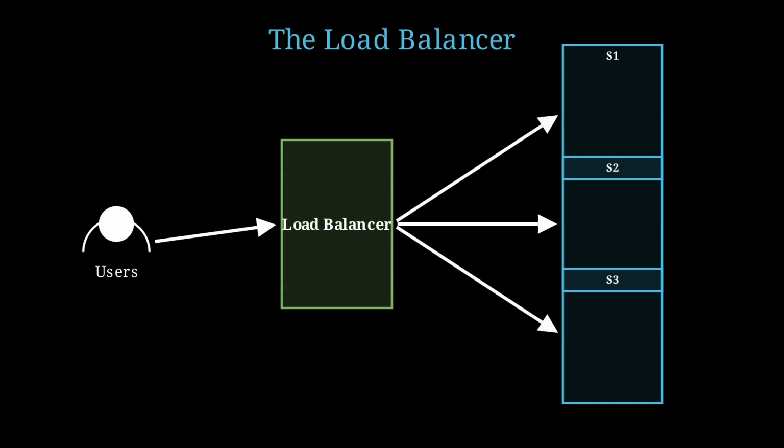Now let's see how the load balancer helps horizontal scaling. The first one is traffic distribution. We already discussed it, right? When multiple users give requests, multiple requests will come. The load balancer will distribute the requests to the servers. And the second thing is availability.